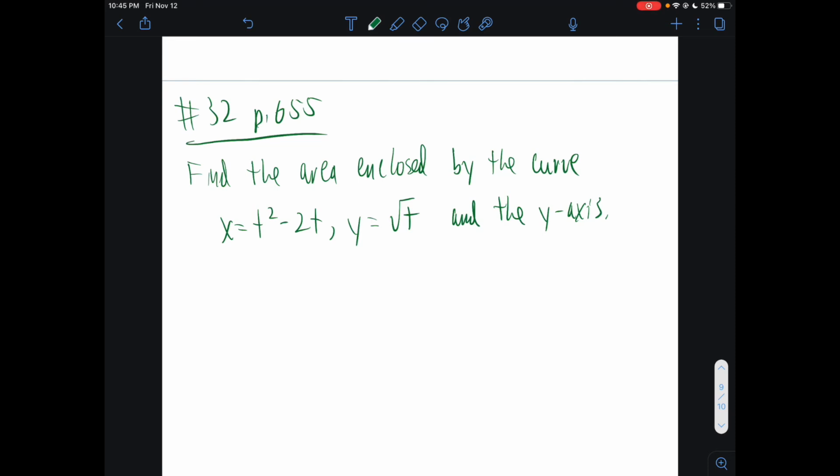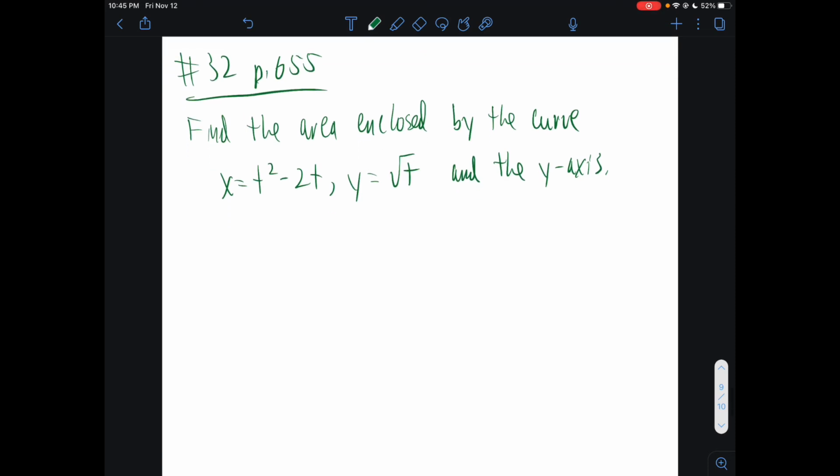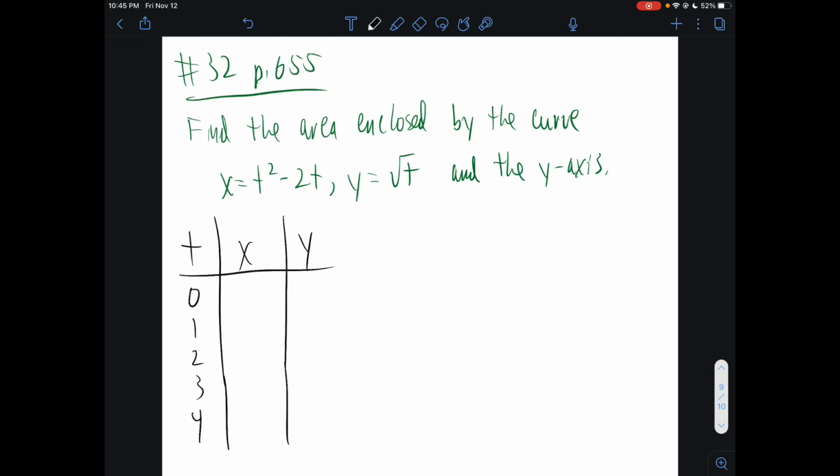So it might help us if we just sketch this curve, first of all. How do we do that? Plug in some values. Notice we see that y is the square root of t, so we can't have anything negative, but we can at least start at 0. So we'll go t equals 0, 1, 2, 3, 4. See where that gets us. When t is 0, x is 0, and so is y.